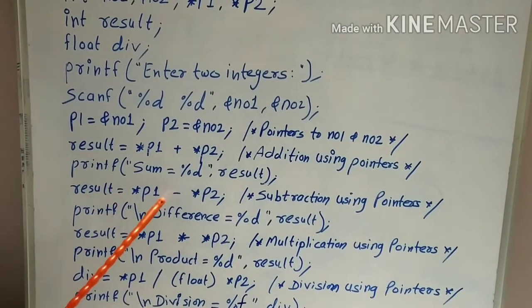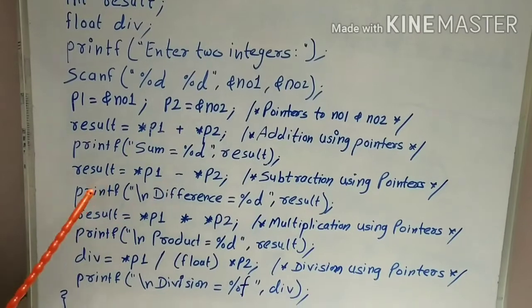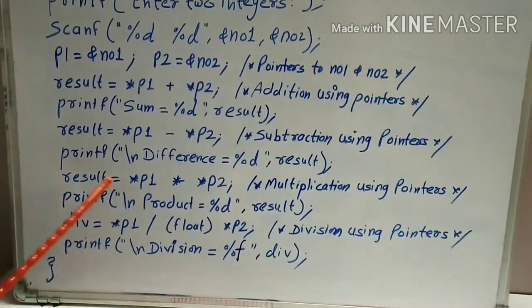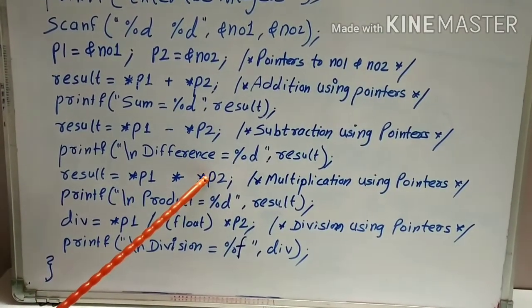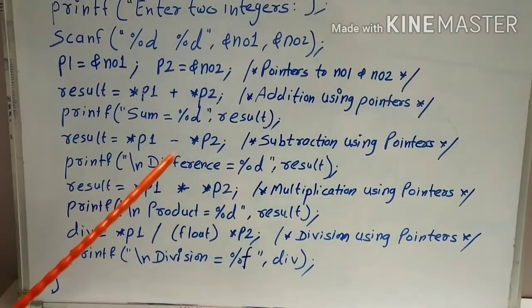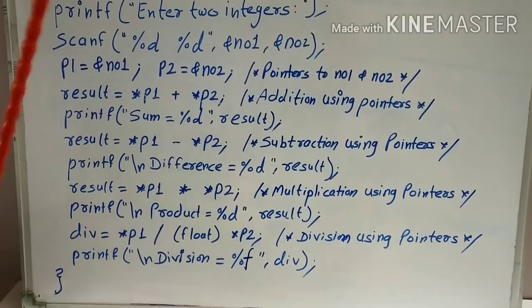Similarly go for the subtraction, star P1 minus star P2, and display the difference. Go for multiplication, star P1 star star P2. Now in this multiplication expression we are coming across three stars.